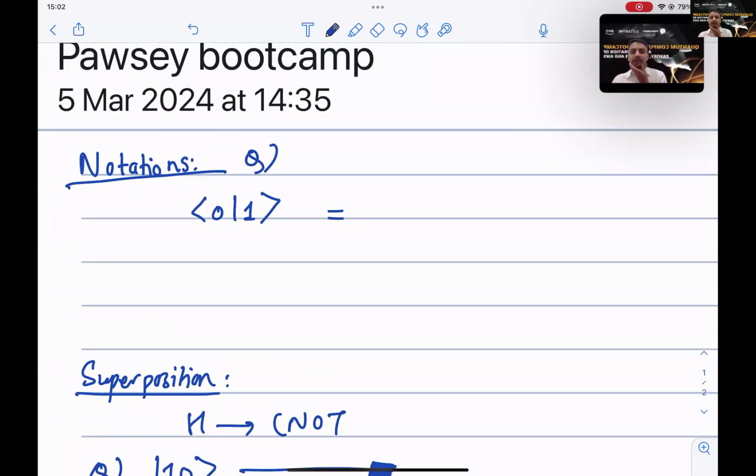I would really appreciate it if someone could make an attempt to answer what this quantity would be. This is a ket vector 1 that is being dotted with a bra 0. What do you think the answer to this is?